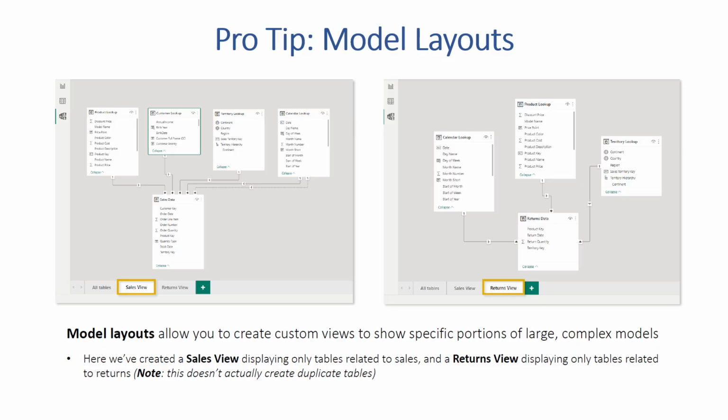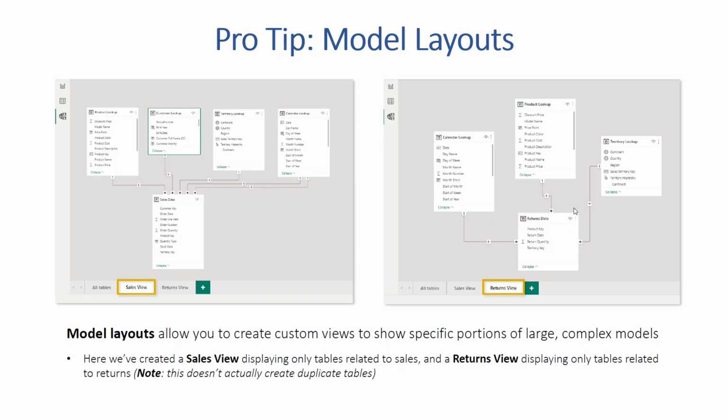So in this example, we created the sales view like this, which shows all the sales related tables. And next, in the returns view, all the returns related tables are displayed.